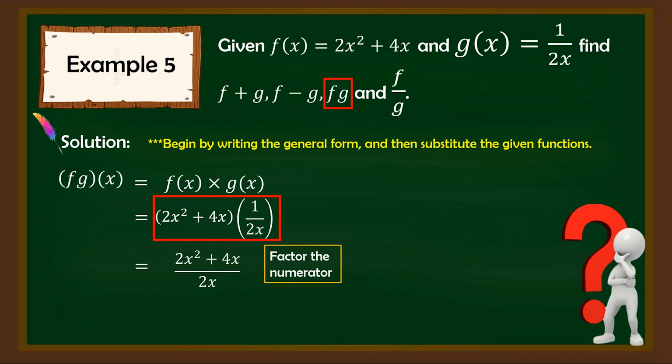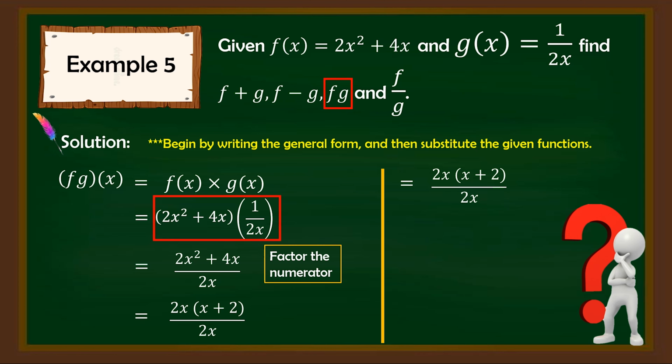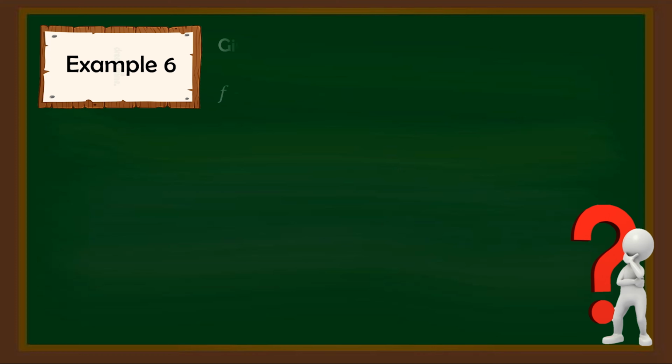Then factor the numerator, which is 2x times the quantity x plus 2 over 2x. Cancel the 2x in the numerator and the 2x in the denominator. By that, the function f times g of x is equal to x plus 2. Let's have example number 6.